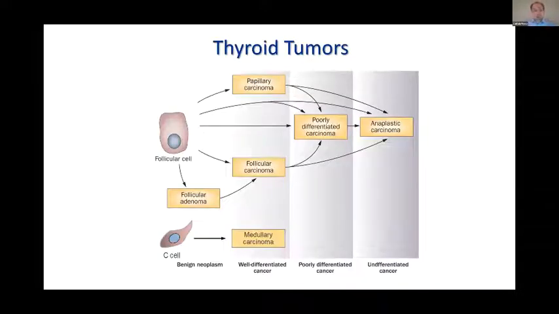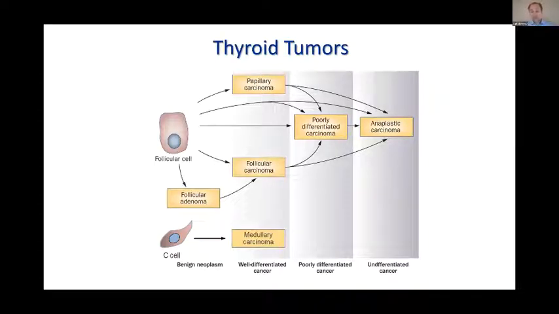And to talk about the most common type of thyroid cancer, which is a well-differentiated cancer. Just to remind everyone that most thyroid cancers develop from follicular thyroid cells, about 97% of them, and a minority, medullary carcinoma, develop from C cells.